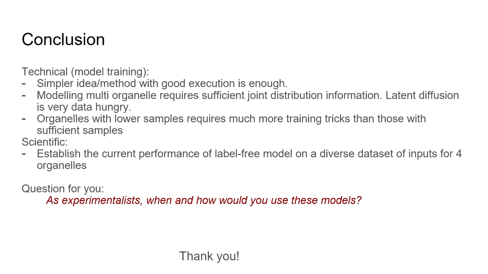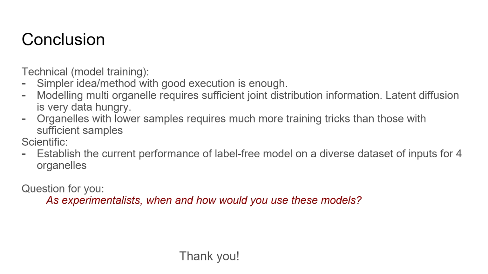So the conclusion for modeling is that a simpler method actually works better in this setup. I learned that modeling multi-organelle in this case requires a lot more joint distribution information, and latent diffusion is very data hungry.